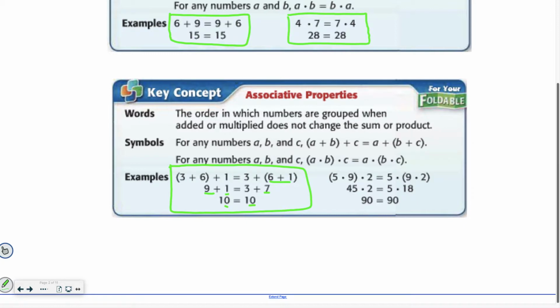Multiplication works the same way. If you do 5 times 9 first and then multiply by 2, it's the same thing as doing 9 times 2 first and then multiplying by 5. They both equal 90. Okay, so commutative property, order doesn't matter. Associative property is when you take parentheses and group things together differently.